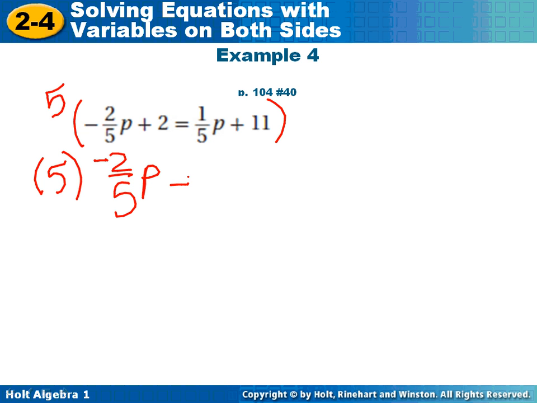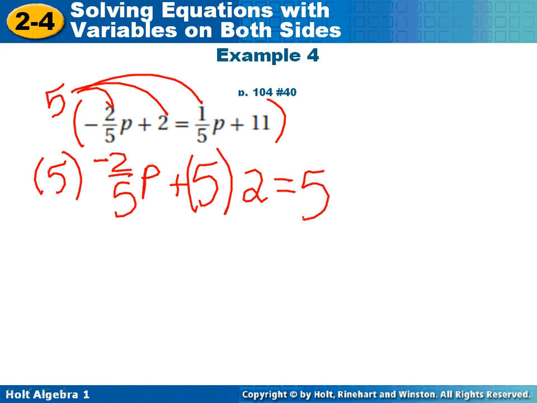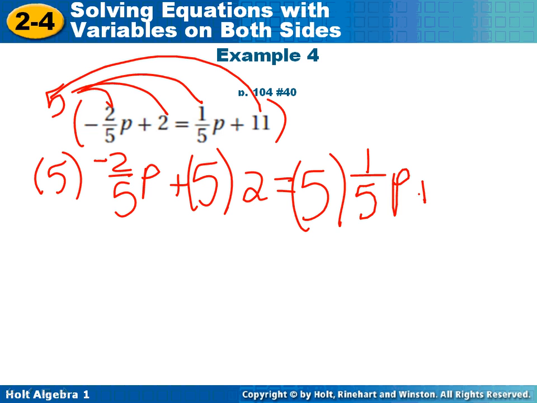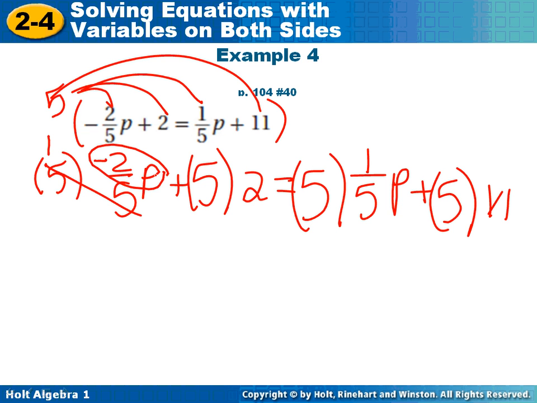Okay, then we multiply 5 by the 2, and then the 5 by the 1/5 p, and the 5 times 11. Don't forget the 5 times 11. It's easy to forget that. That's an 11.